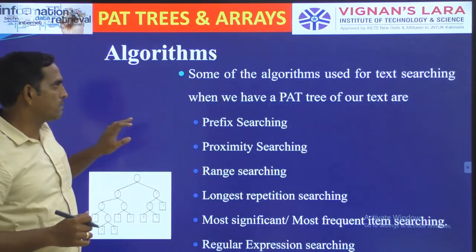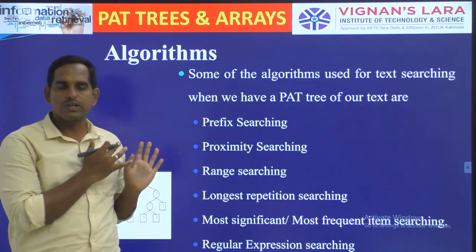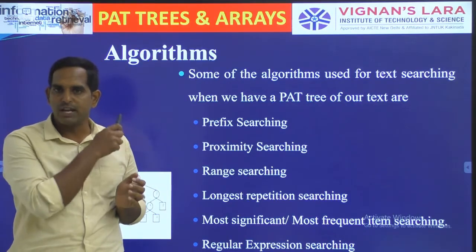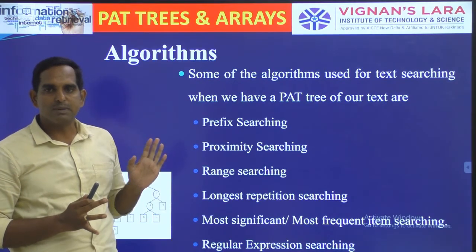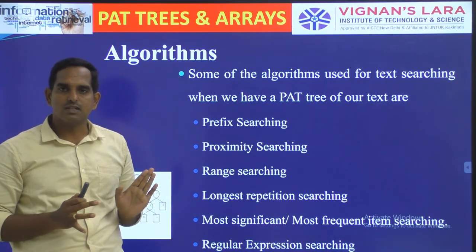So that is about the complete set of things you can do with your Patricia trees. That is how you will be having the Patricia tree representation. Using the Patricia tree representation, you can perform various algorithms.